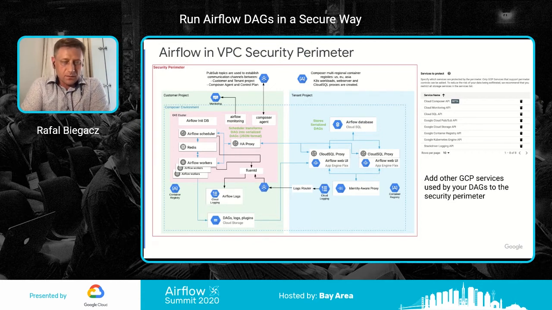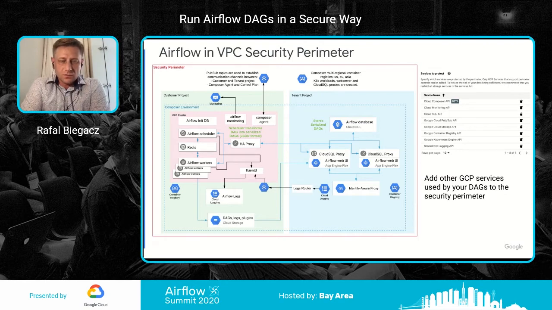On this diagram, you can see not only Cloud Monitoring and Logging and the Airflow components, but also some other components that Composer uses to manage the Airflow instance for users. Especially, I can mention some GKE workload components like Airflow monitoring, the Composer agent, and FluentD, which is responsible for uploading logs to Cloud Logging.